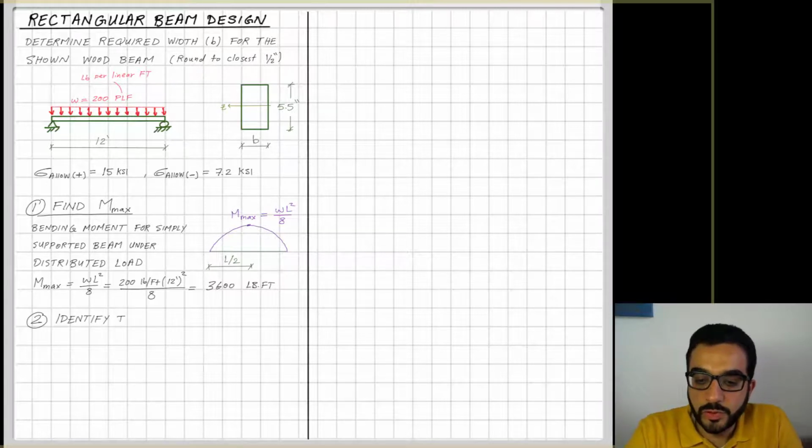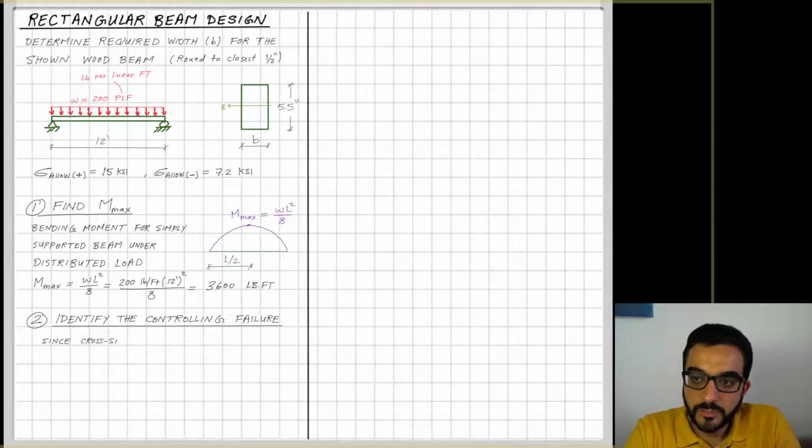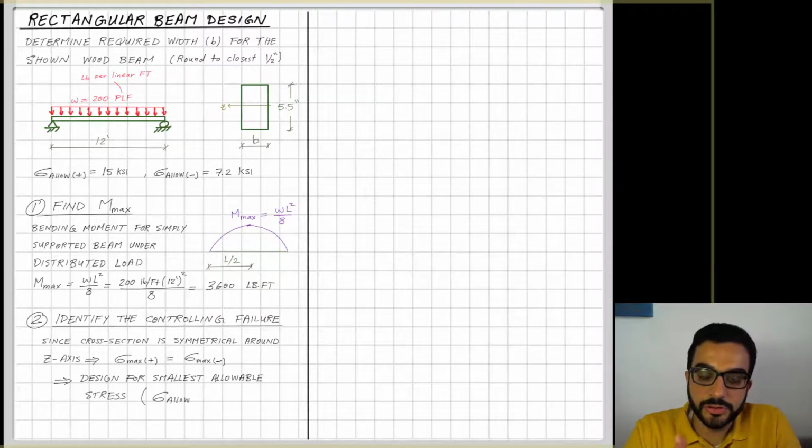Next step is to identify the controlling failure here. So which one will be the first failure to happen? Failure under compression or failure under tension? And we're thinking this way because the beam is symmetrical, and I have only one type of moment happening, which is a positive moment here.